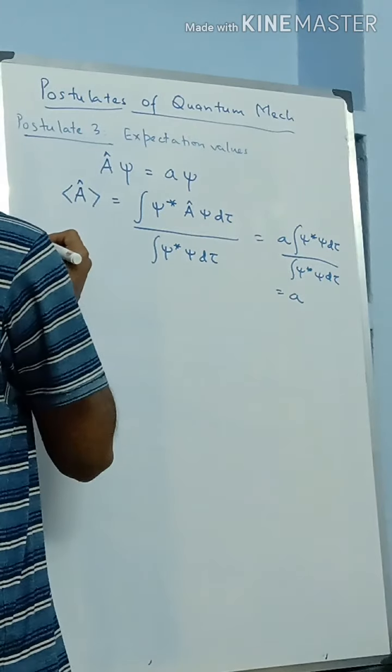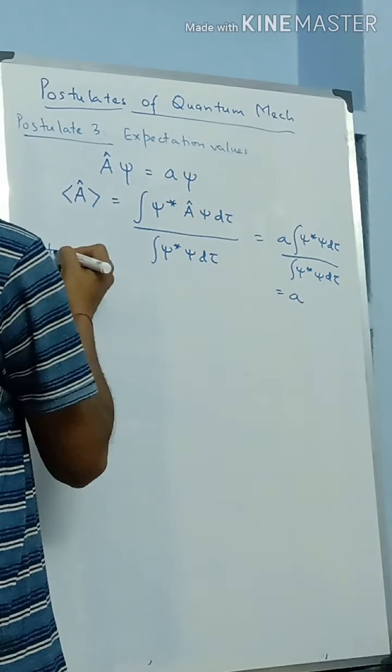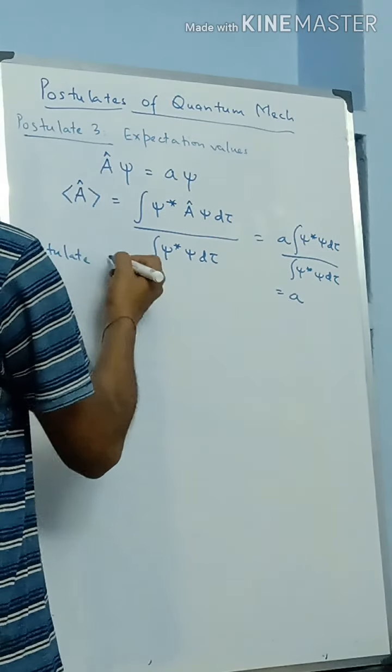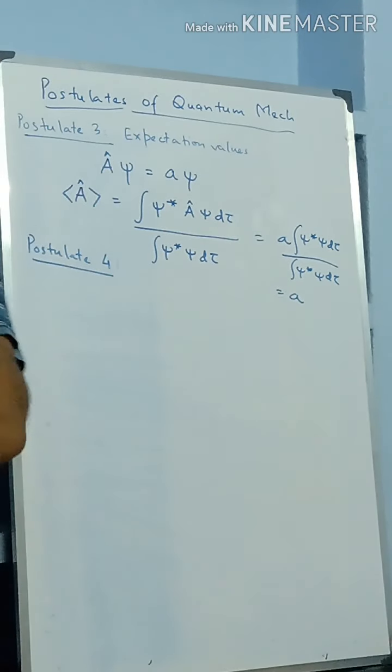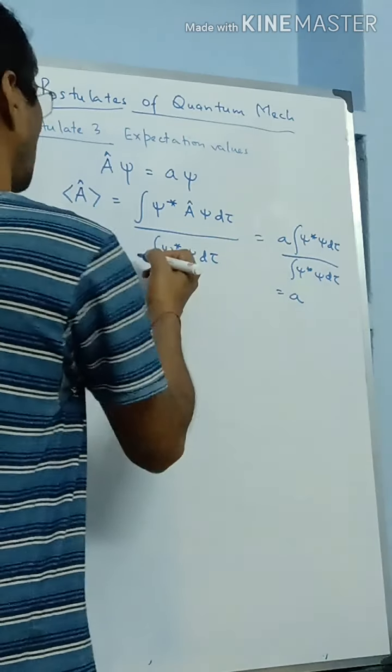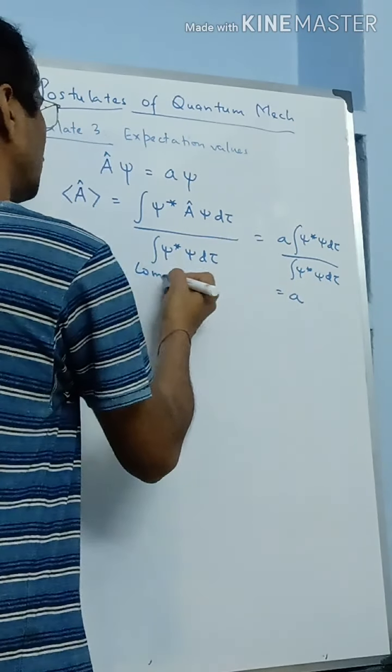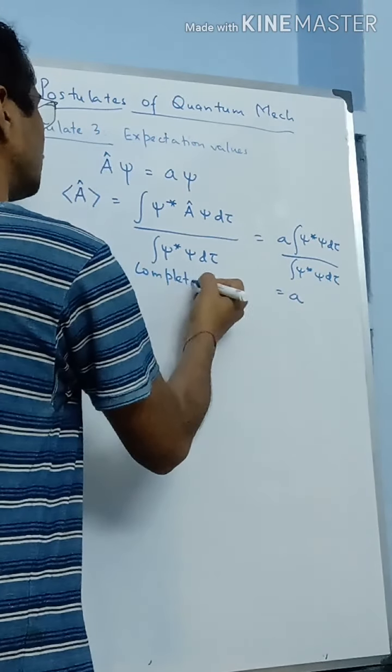Postulate number 4 is basically all about the completeness of the wave function and the eigenvalue equation.